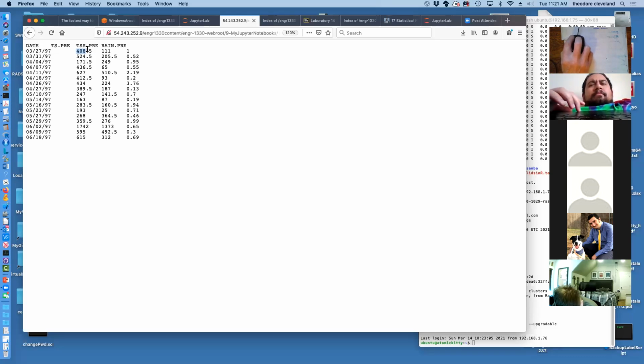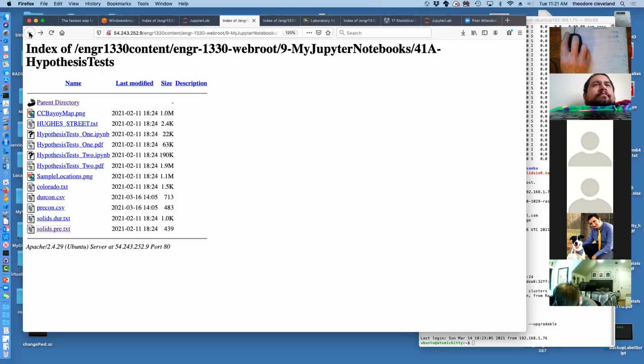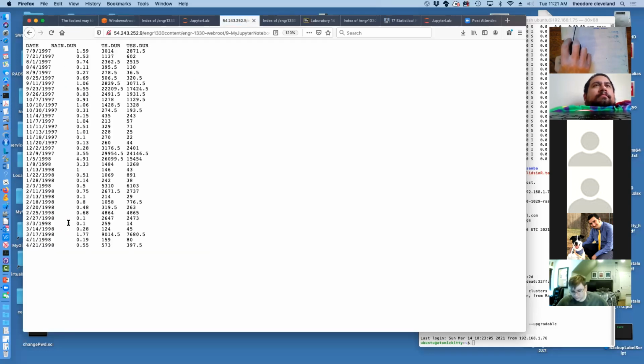So look at total suspended solids. Well, actually, total solids, 400. Got a low number of 163. So some 600. So we're returning total solids in the range of 200 to 600 prior to construction, and then during construction, we have a lot more data, and our total solids ranges from 260 to 3,000.